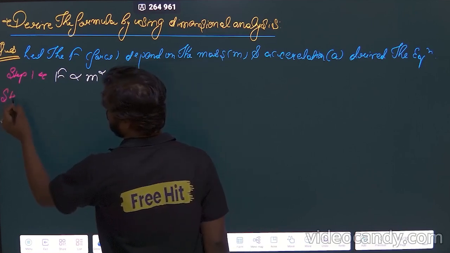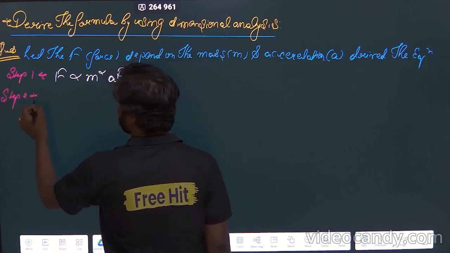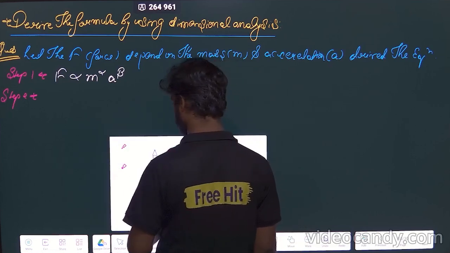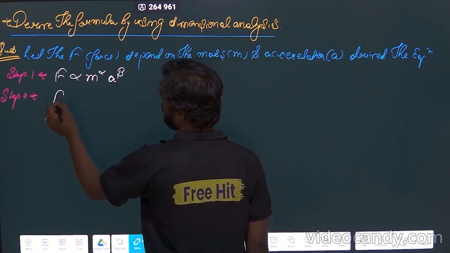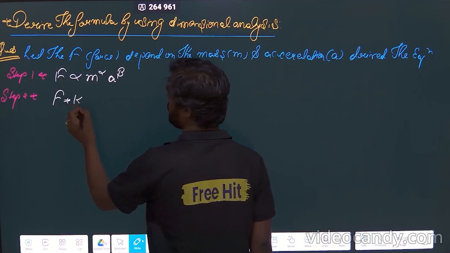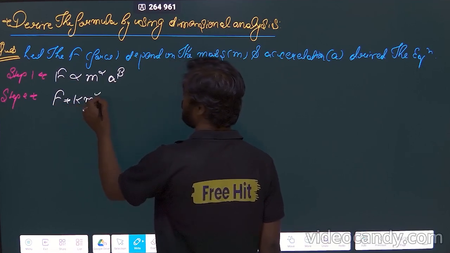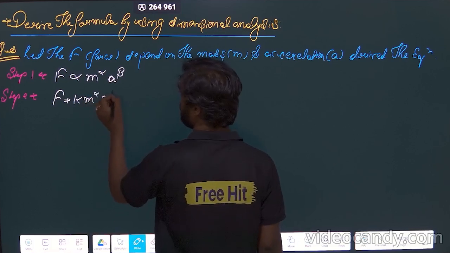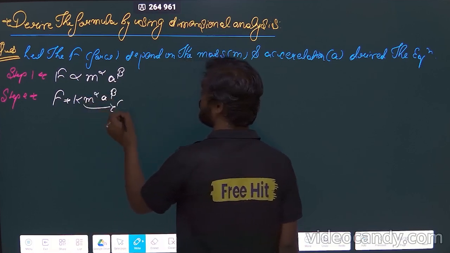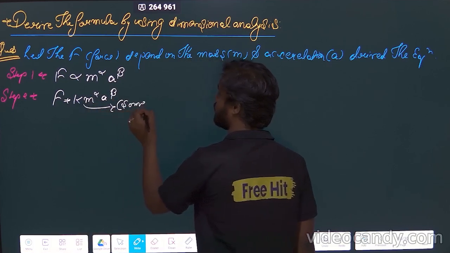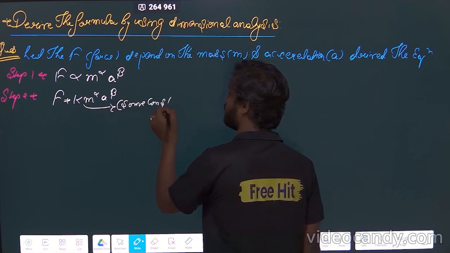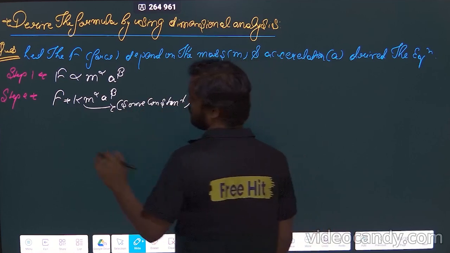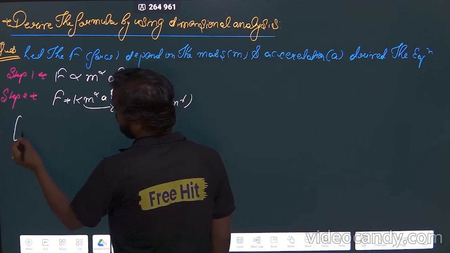Step 2: you will say F equals k into m to the power alpha into a to the power beta, where k is some constant. Okay, where k is going to be some constant.